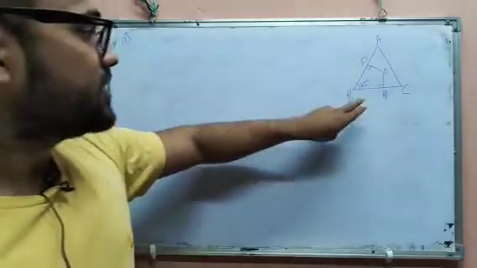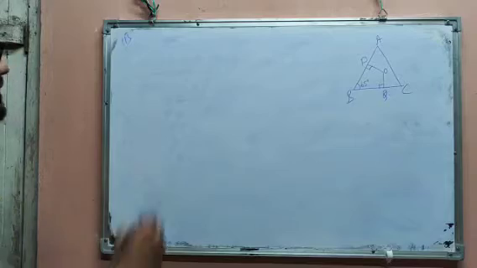Clearly you can see that BQOP is a quadrilateral now.